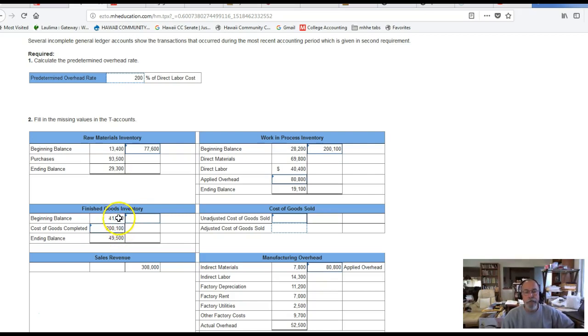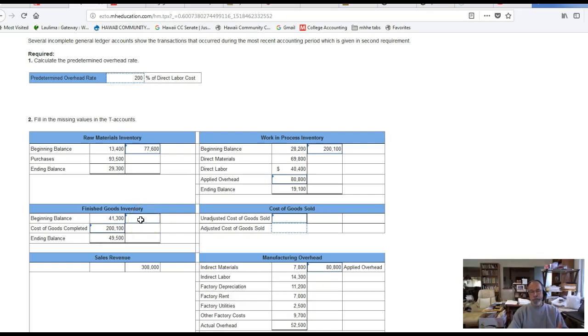And we can see again that there's a credit that we need here. And if we look at the beginning balance plus the cost of jobs completed and compare it to the ending balance, we can see that indeed we do need a credit amount. And what does this credit now to the finished goods inventory represent? Well, again, this is where our finished jobs are being held on our books until such time that they are sold, at which time we need to take the cost of those jobs out of our finished goods inventory.